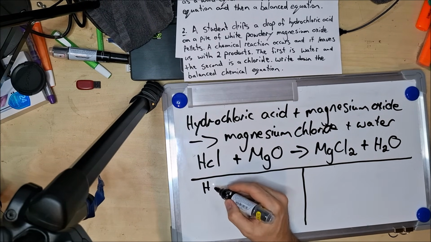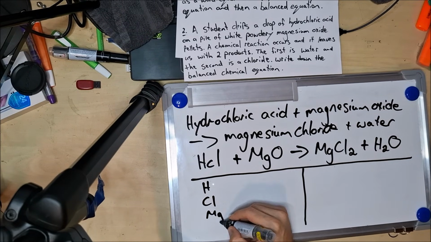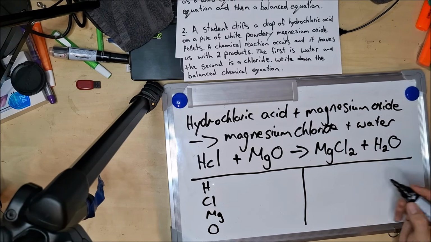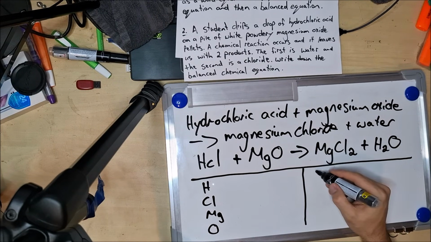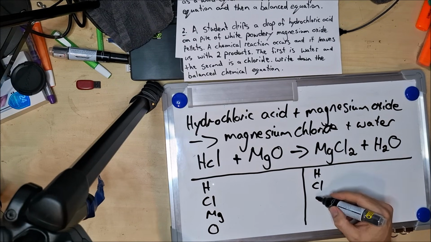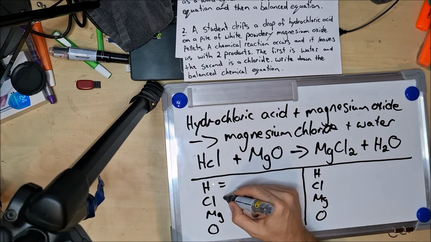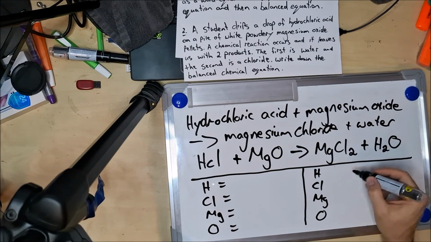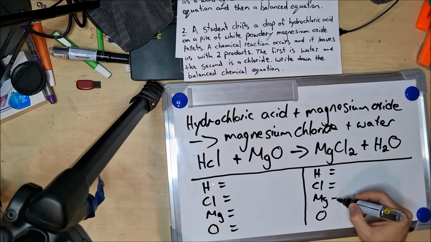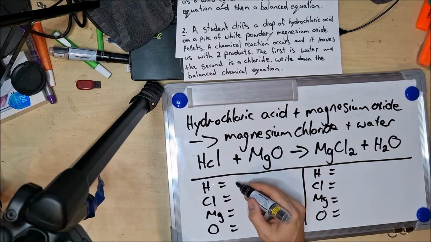So we're working with hydrogen, chlorine, magnesium, oxygen. Can I find them here? Yes, hydrogen that side, chlorine, magnesium, oxygen. How many do I have on each side? Left-hand side, hydrogen, I've got 1.